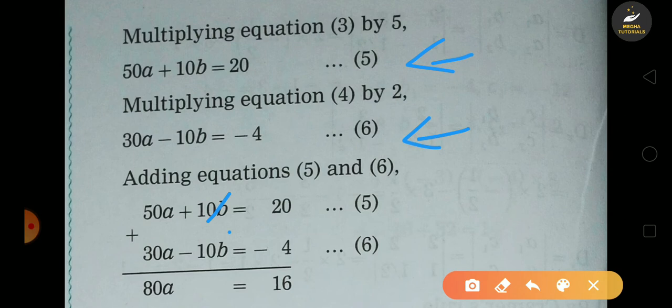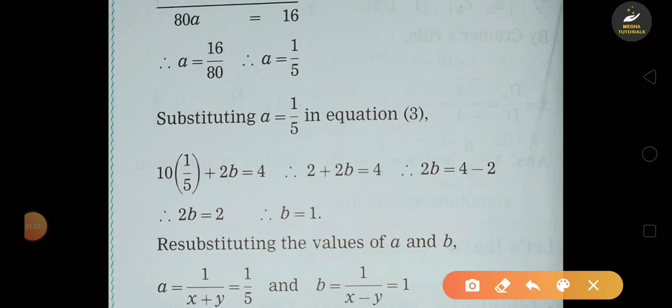So 10b minus 10b will cut and you will get 80a is equal to 16. So a is equal to 16 upon 80 and so a is equal to 1 upon 5. So put this value of a in equation 3. So after substitution you will get 10 into 1 upon 5 plus 2b is equal to 4. So you have to solve these equations step by step. So after solving you will get b is equal to 1.